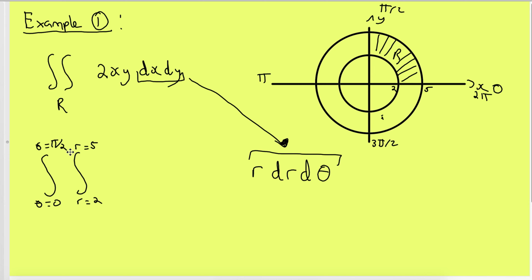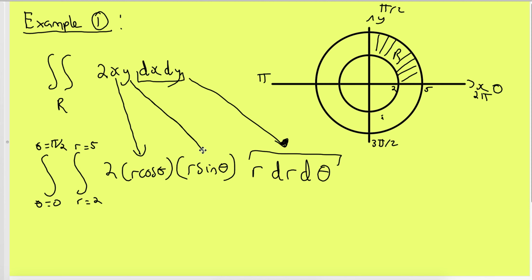Now, I need to swap my x and y. So that's going to be 2. Now, x is r cos theta, and y is r sin theta. Remember I said that in the first note.